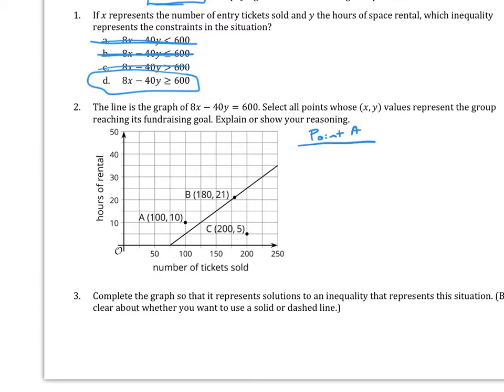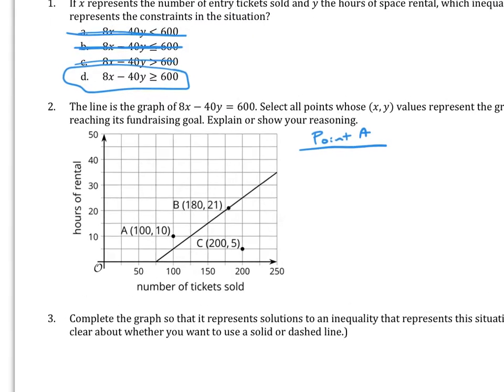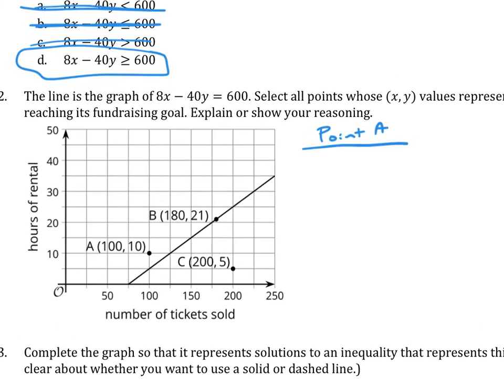What we could do is a quick solution test to make sure it satisfies our goal. So to do that, I'm going to plug in 100 for x and 10 for y. So we have 8 times 100 minus 40 times 10, and we want that to be greater than or equal to 600. So we have 800, oops, that should be 40, minus 400 is greater than or equal to 600.